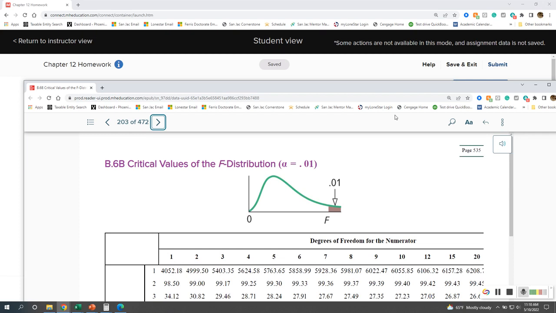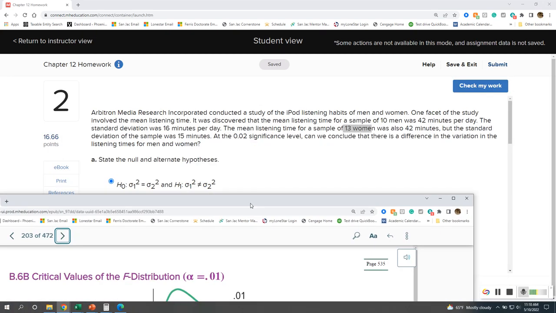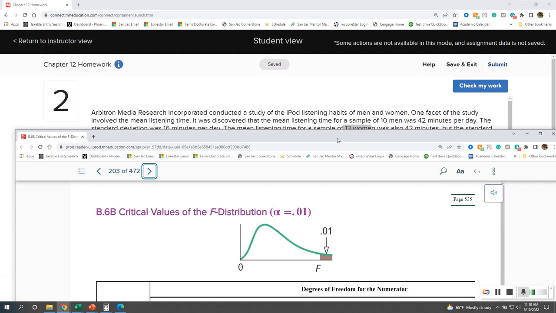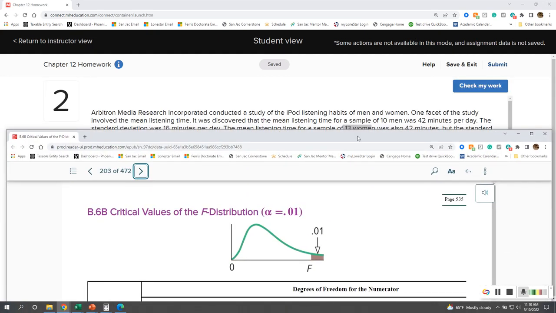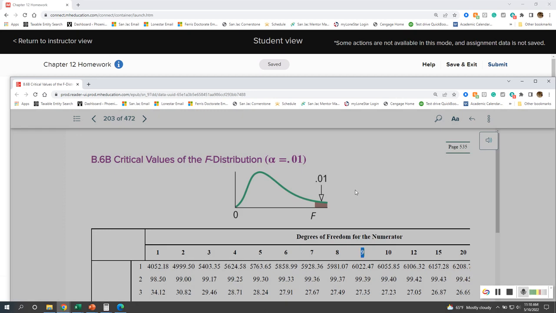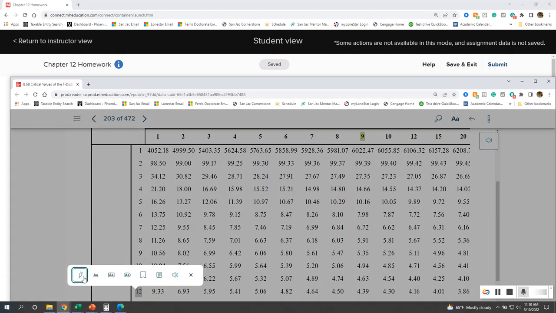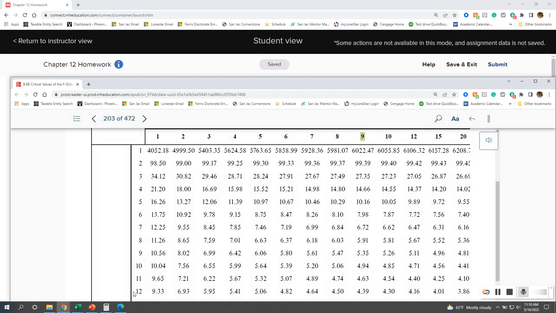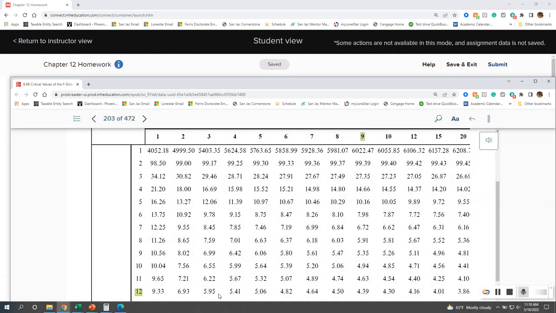Remember, that was 0.02. So, 0.02 with an equal means we have a two-tail. So, it has to be 0.01. Let's re-highlight our numbers. So, 9 and 12. There we go.